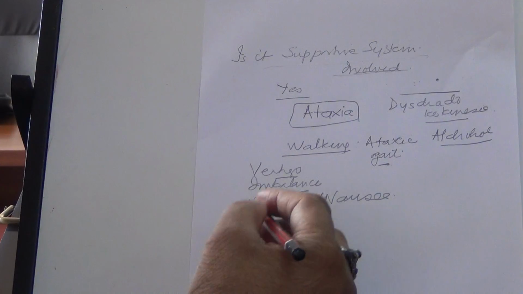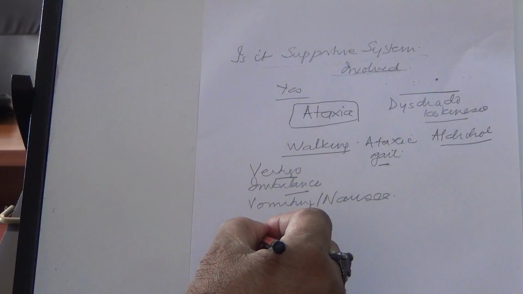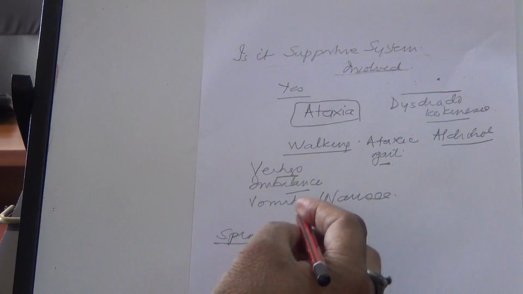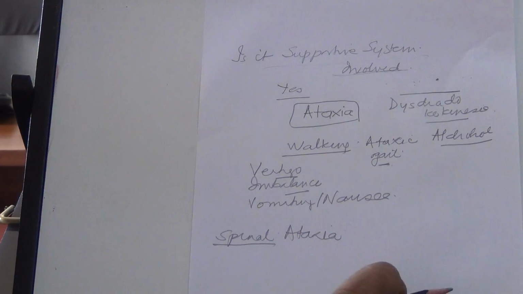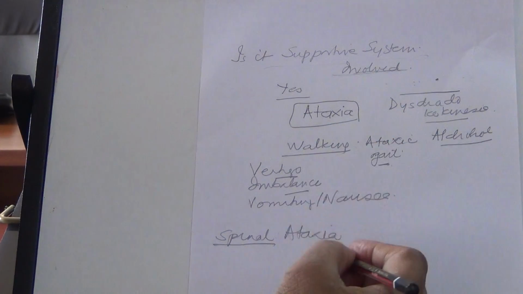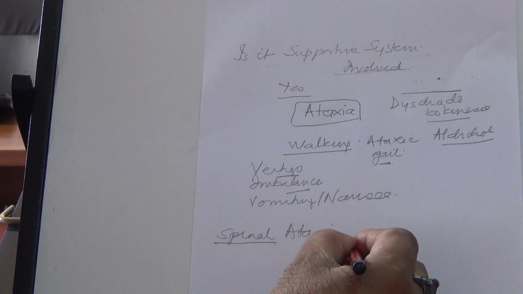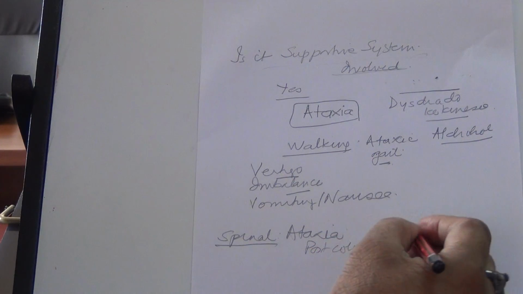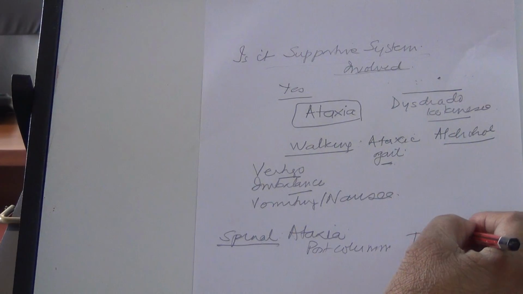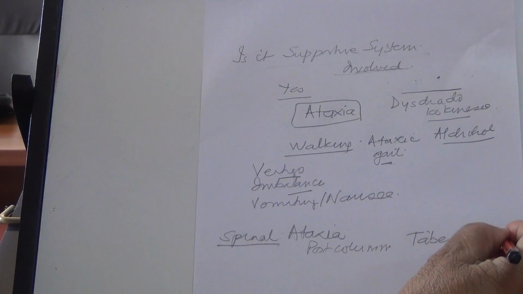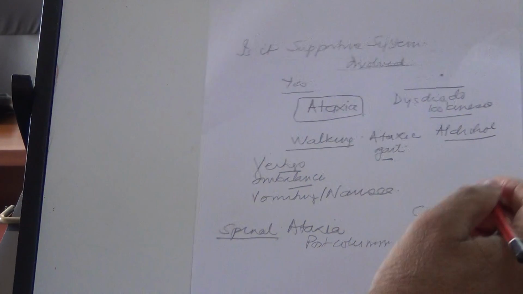Now what can the involvement be? Involvement can be spinal. This is called spinal ataxia. Spinal ataxia is when the posterior column is involved, and the posterior column is involved in tabes dorsalis. Tertiary syphilis presents as either tabes dorsalis or general paralysis of the insane.